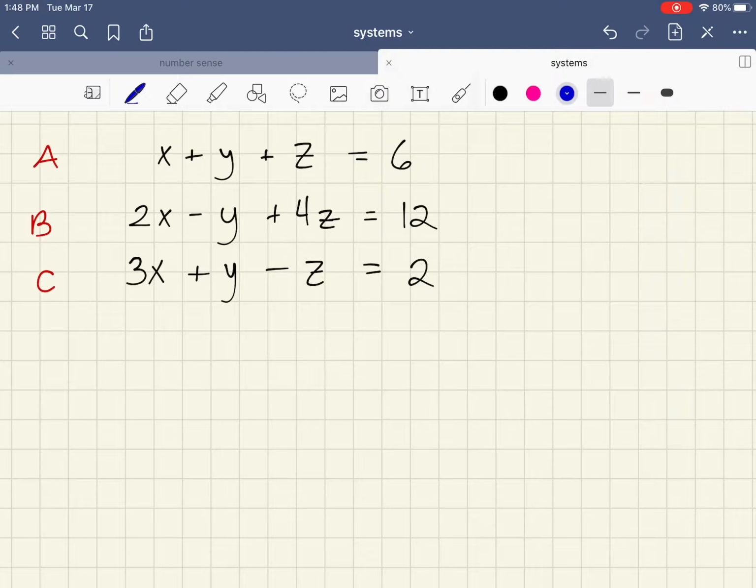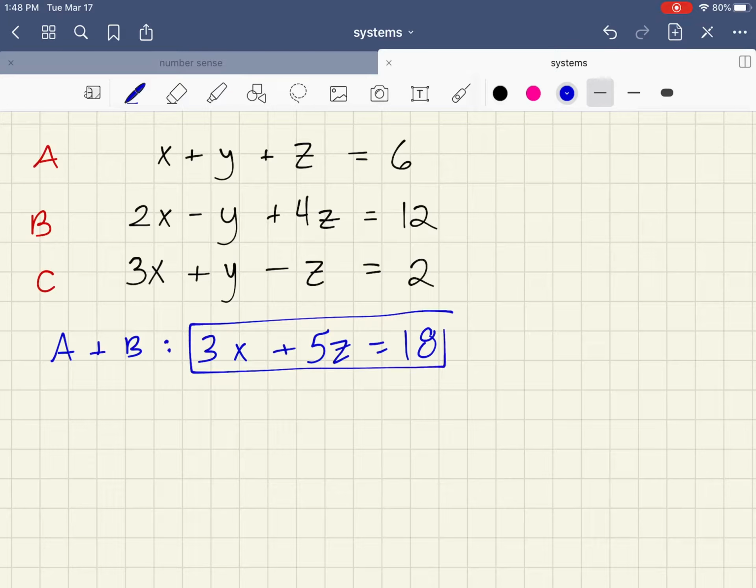If they don't, we would multiply, but in this case, I could take equation A plus equation B. If I did that, I would get 3x, the y's would cancel, plus 5z equals 18. So there's one equation, and the variables there are x and z.